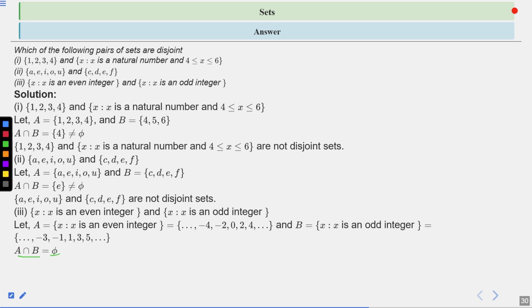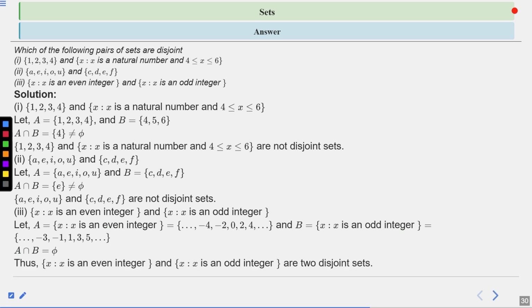Because we do not have a common element to both sets, as we do not have a number which is both an even integer as well as an odd integer at the same time. So both sets given to us are disjoint sets. Clear? I hope you remember that two sets are disjoint when the intersection is empty.